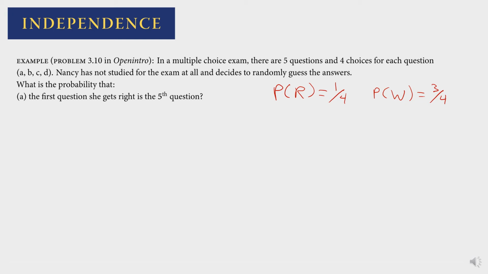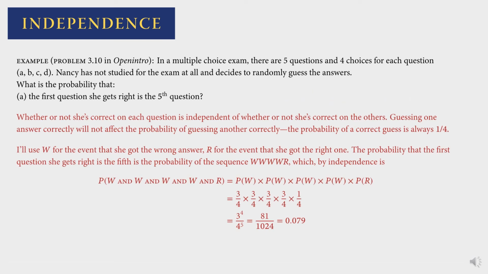What is the probability that the first question she gets right is the 5th question? That would be the probability of the sequence W, W, W, W, R. 4 wrongs and then a right. We can use the multiplication rule and find that the probability of this sequence is 0.079.